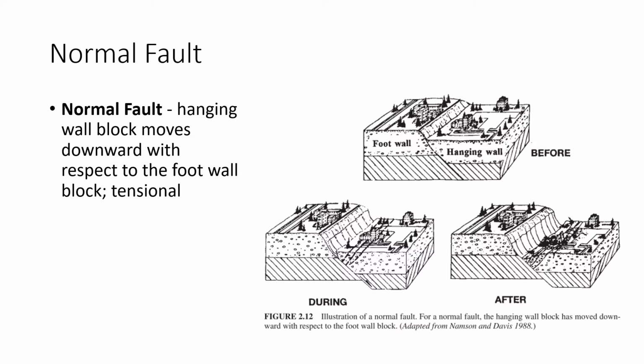Now, a normal fault is when your hanging wall is moving downward with respect to your footwall. This is a tensional or extensional regime, so your area is extending, and to accommodate the extending movement, your hanging wall has to go down. As you can see in the figure, before, you have your footwall on the left and the hanging wall on your right.